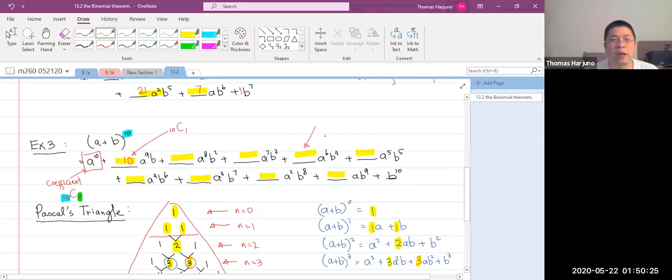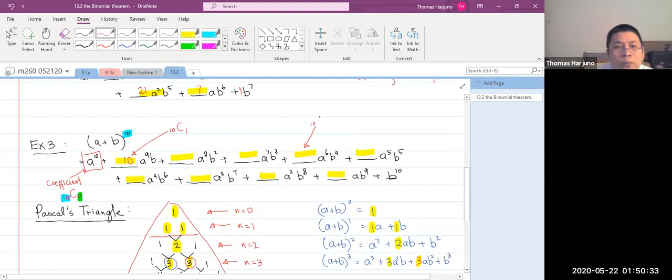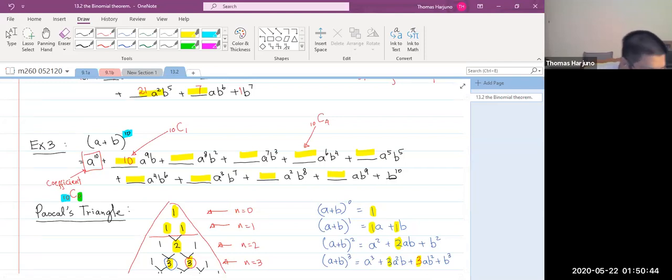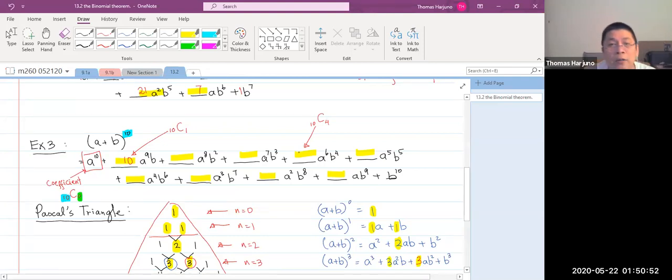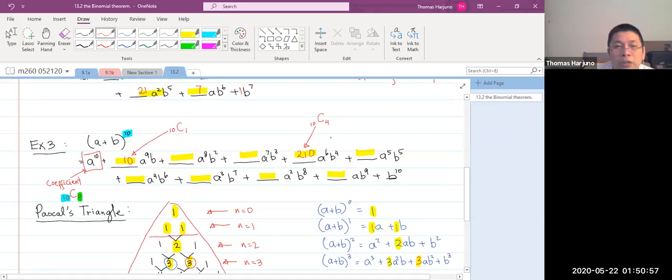For example, what's 10 combination 4? That's right. 10 combination 4 will be 210. But actually, if you think about it, you will see that 10 combination 6 will give you the same value.